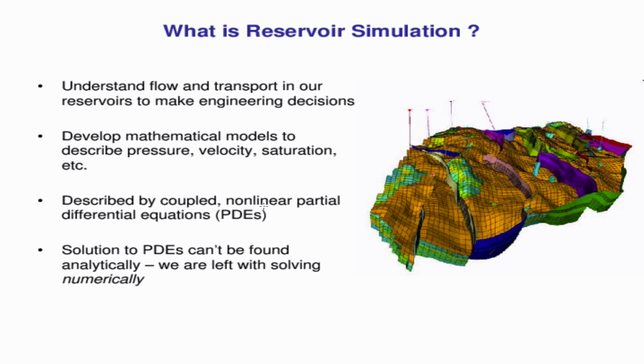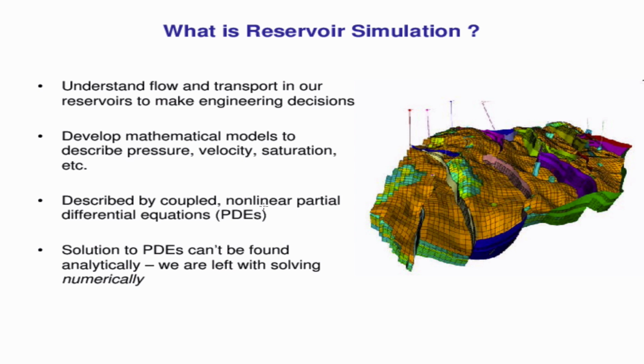And then once we decide that it may be economical to bring a reservoir into production, our job as reservoir engineers is to figure out how to do that optimally, right? How do we get it out essentially as fast and as cheaply as possible? And so we can use reservoir simulators to help us with those tasks.